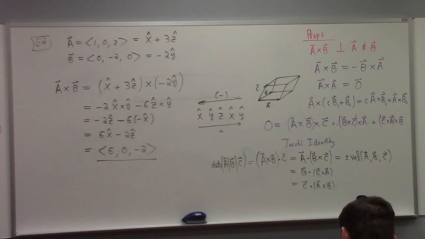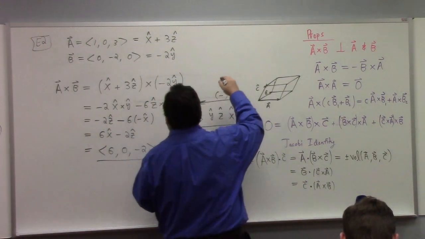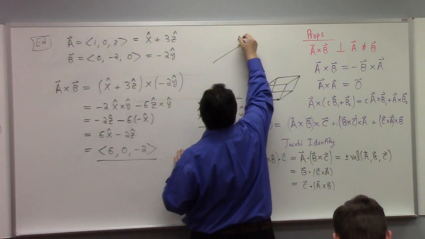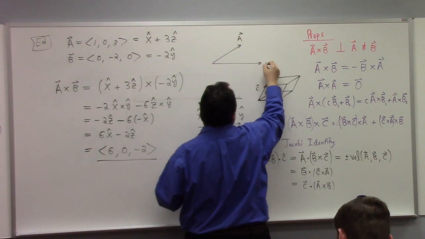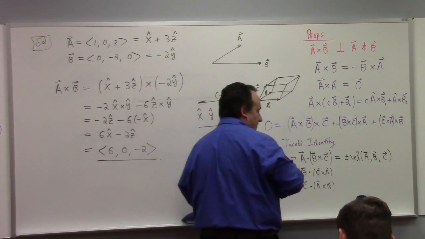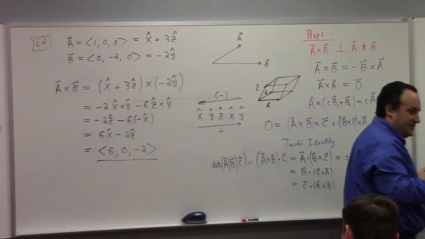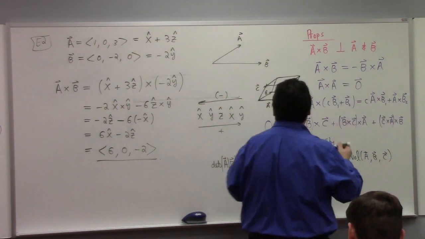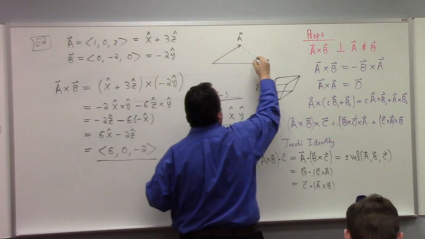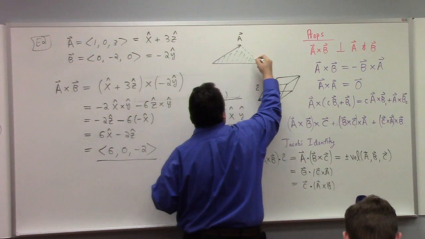Here's a follow-up question. What's the area of the triangle with sides A and B? Think about this. I've got A here. I've got B here. You can think about a triangle that has those as sides, right? What's the area of that triangle? Can you guys tell me? Very good.